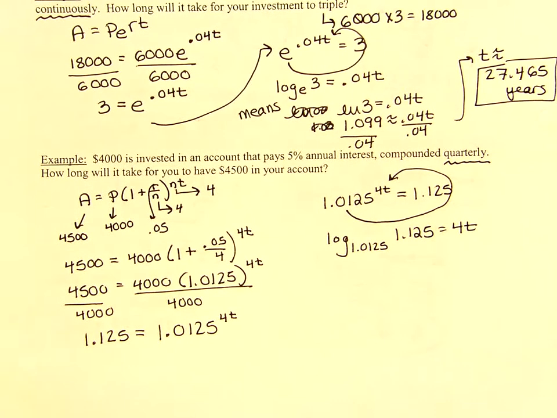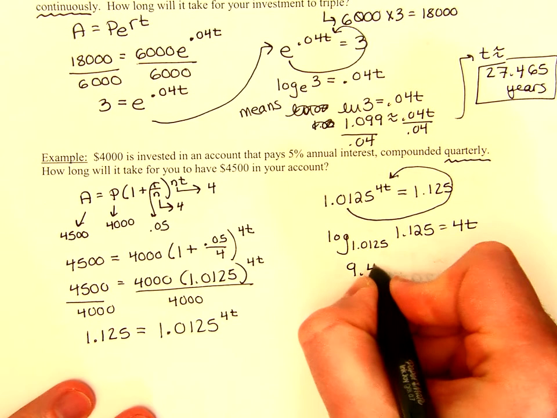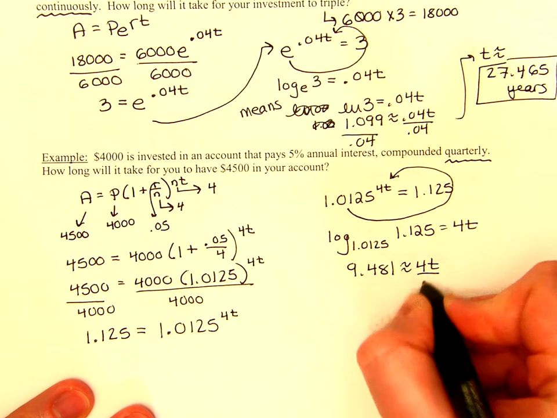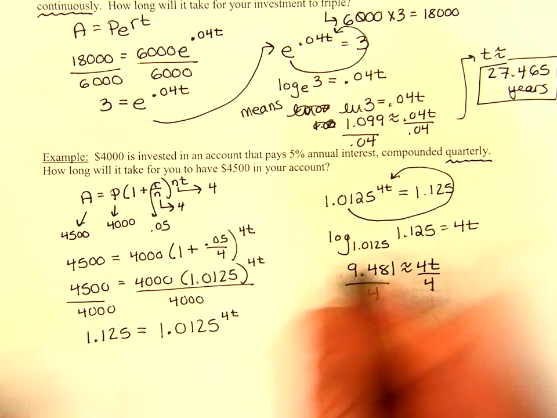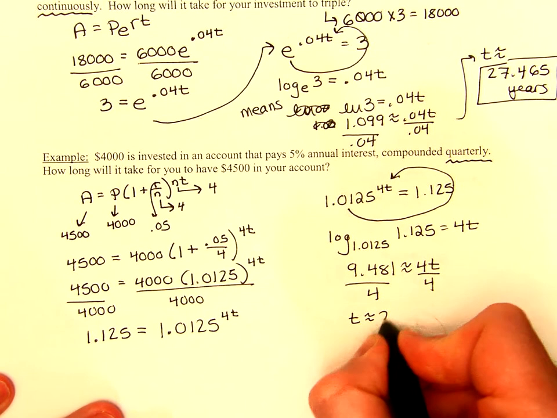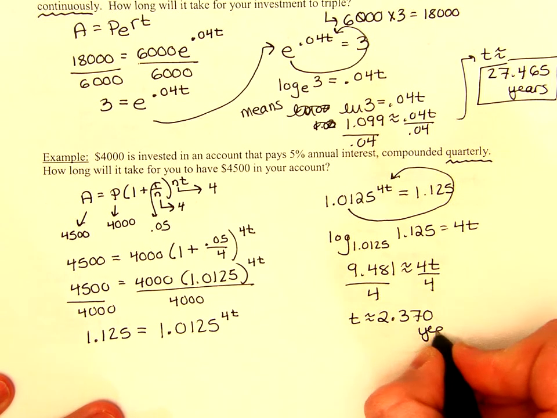Go use your change of base formula, log of 1.125 divided by log of 1.0125, getting about 9.481. Divide, and we should get a final time of about 2.370 years.